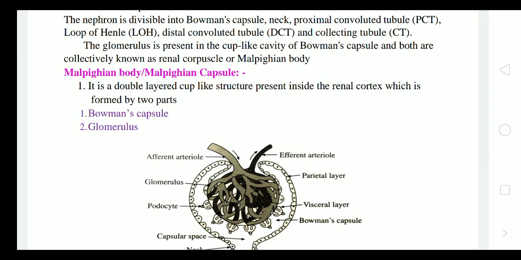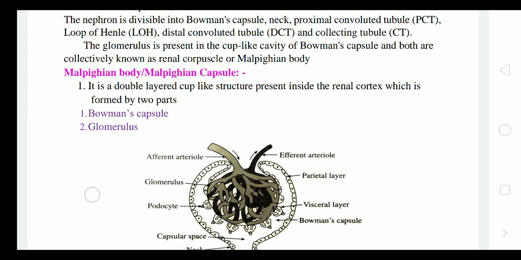The glomerulus is a capillary structure present in the cup-like cavity of Bowman's capsule, and together, glomerulus and Bowman's capsule are called renal corpuscle or Malpighian body.